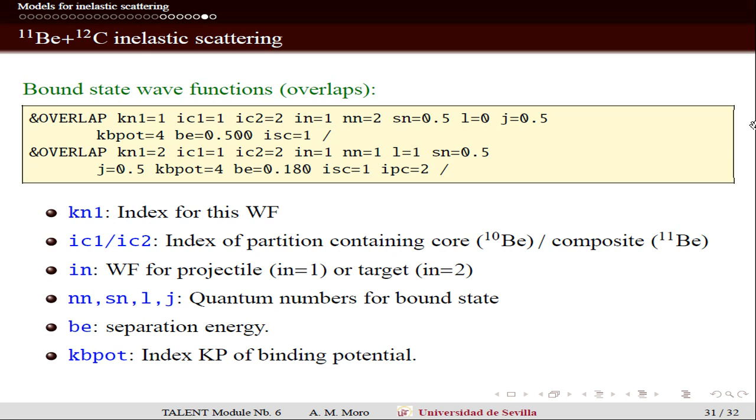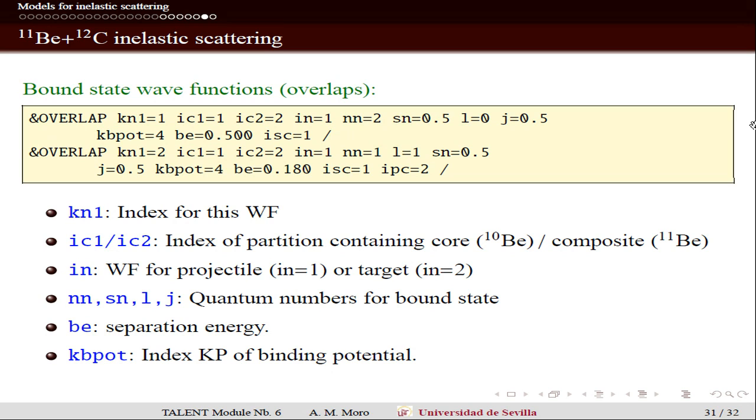So we have, for the ground state, Nn equal 2, according to the labeling of Fresco. This is the 2s state. L equals 0, J 1/2. This J here is the result of coupling the L with the Sn, with the spin. So we couple the spin of the valence particle with the orbital angular momentum L to give a J of 1/2.